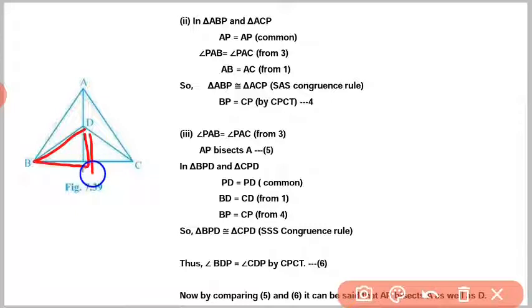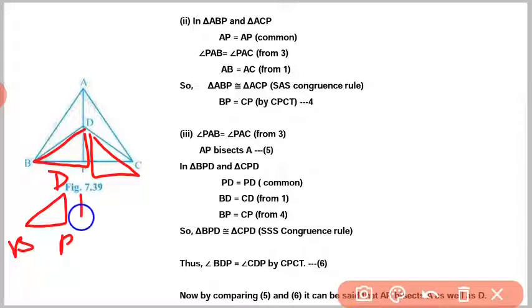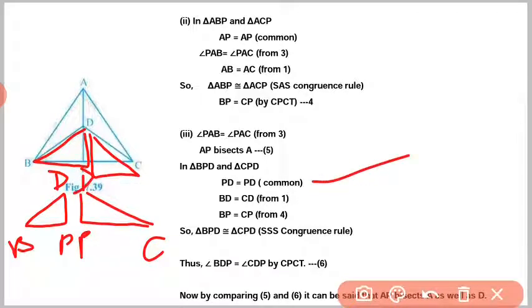Now we have triangle BPD and triangle CPD. We can see that DP, or PD, is common in both the triangles.